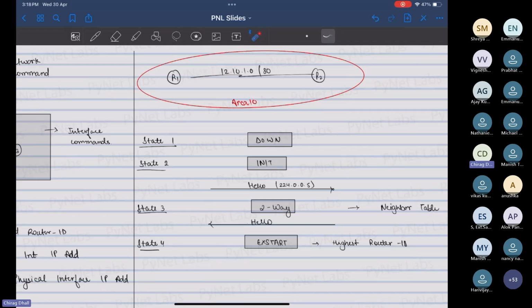So the next preference is the highest physical interface IP, right? So I'll compare 12.10.1.1 with 12.10.1.2, where again router 2 is winning. So R2 will initiate the network information exchange in this given domain. Clear, guys?